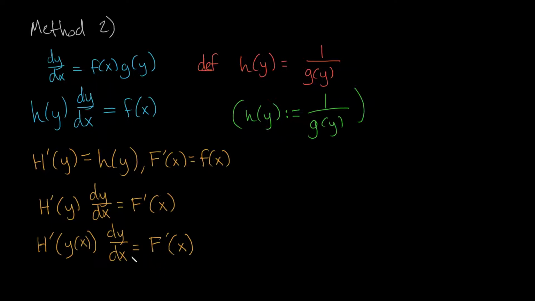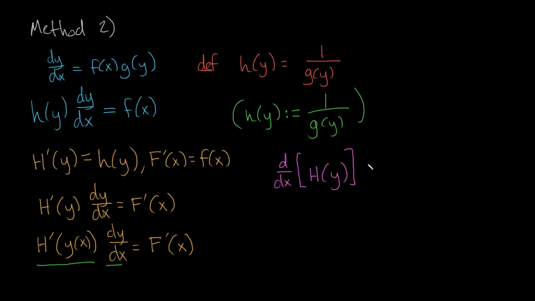So when we write it down this way, this left-hand side starts to look like the chain rule. Because we have here H prime of a function, and then here we have the derivative of that function. So we might think about rewriting that left-hand side as the derivative with respect to x of H of y, which again is just going to be H prime of y times y prime.